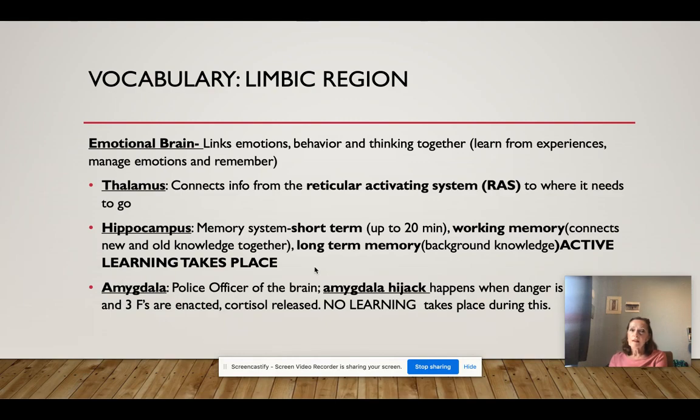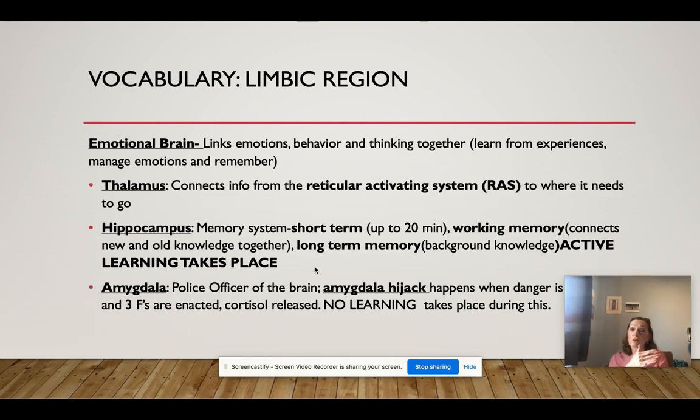The part of our brain in this limbic region called the thalamus is connecting the information from the reticular activating system that we just mentioned to where it needs to go. It's like a director. That reticular activating system is getting engaged and grabbed by some attention, and the thalamus is then channeling that signal where it needs to go in the brain.